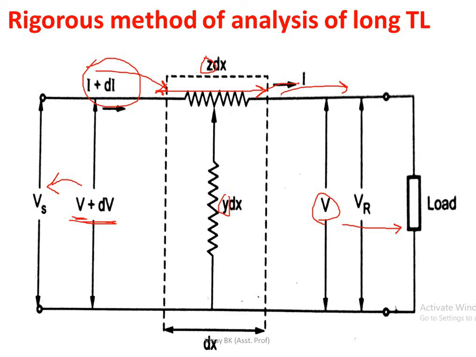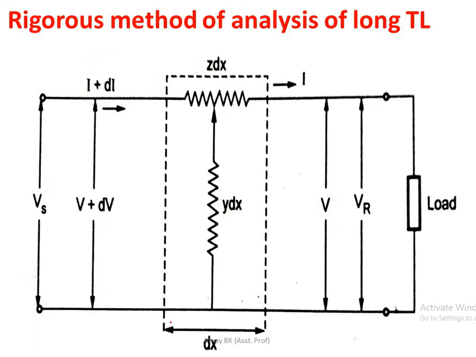For the small element dx, just look at the circuit once. A small element dx has a length x from the receiving end, I plus dI is the current entering dx and I is the current leaving dx, z is the series impedance and y is the shunt admittance.